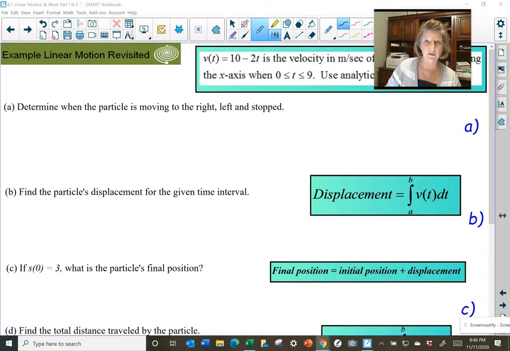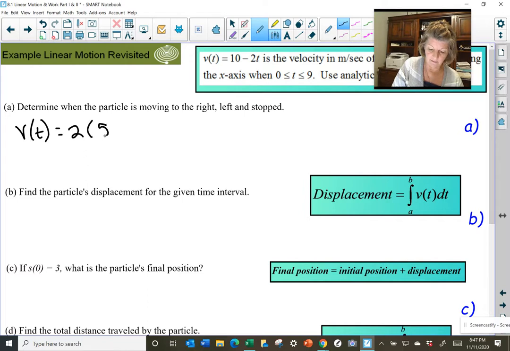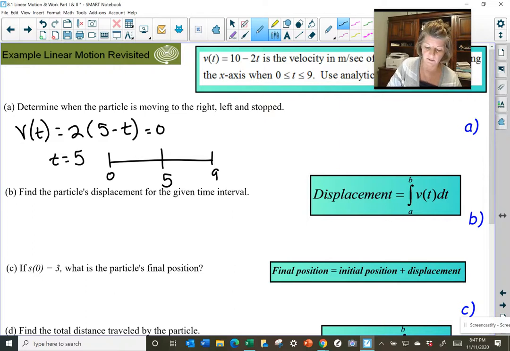So what would I do for this one? Well, I would take my velocity function and try to factor it. I'd pick up my critical points. Remember, that's when we set it equal to 0. Then I'd do a little sign chart, and I know my bounds are 0 and 9, so maybe I'd put those on there as a reminder.